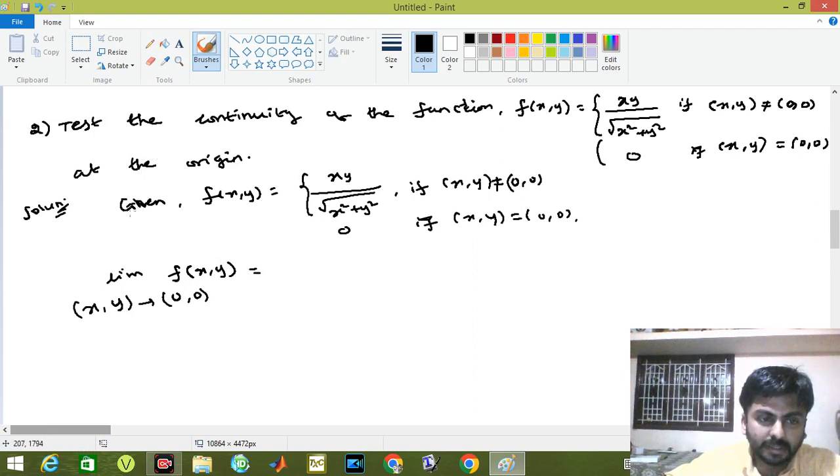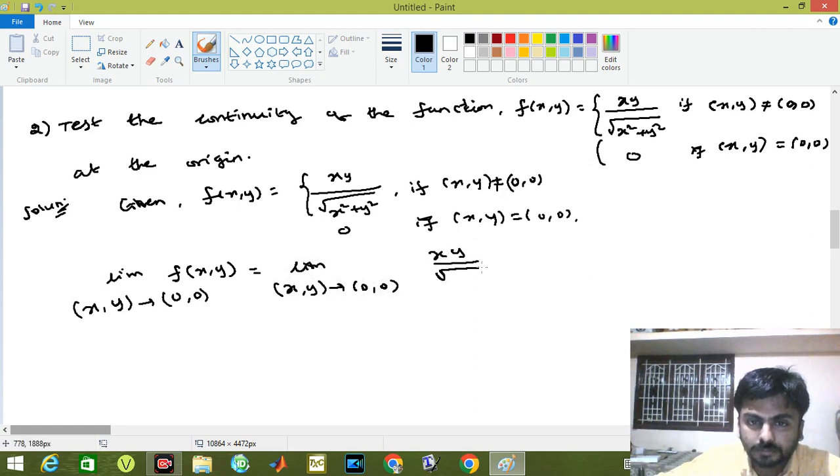Limit x comma y tends to 0 comma 0 of f of x comma y equal to limit x comma y tends to 0 comma 0 of xy divided by root of x square plus y square. This is our f of x comma y.